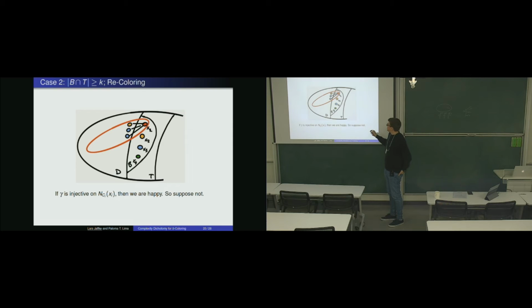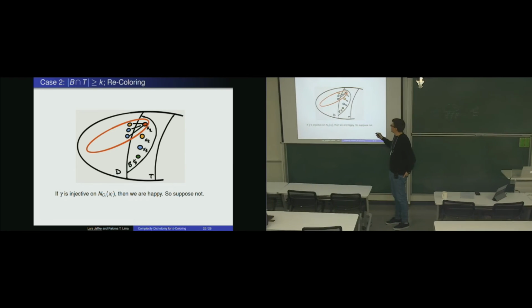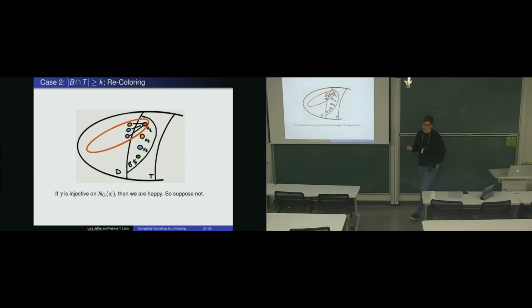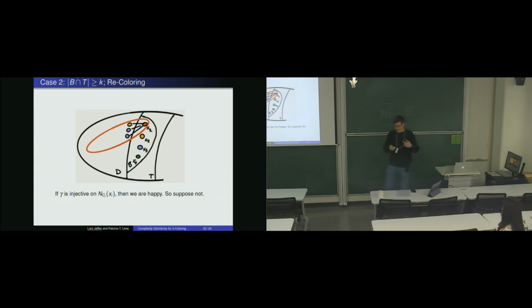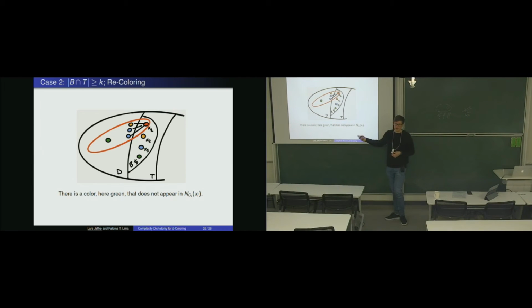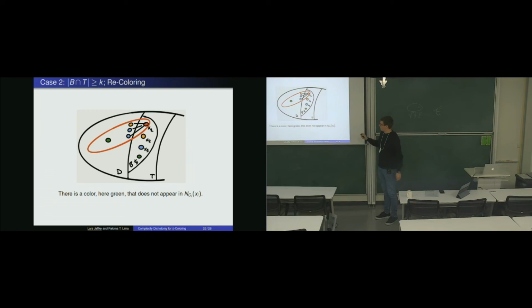So if this vertex has some neighbors in here, we can just assign them the remaining colors and make x1 a B vertex for color red. So the bad situation is that two vertices in the neighborhood of x1 have the same color. But this also means that there is some color that does not appear in the neighborhood of x1, and in this case, suppose it's green.